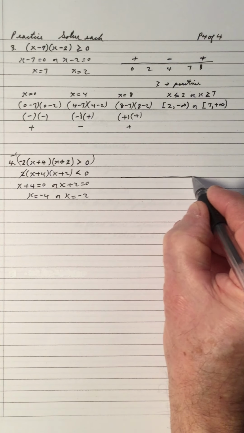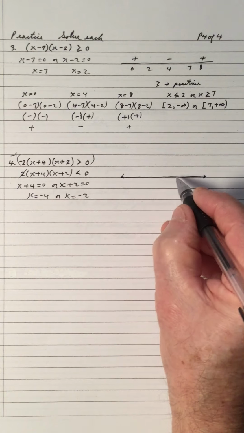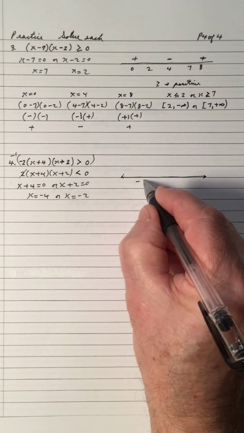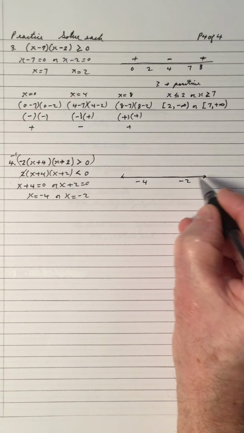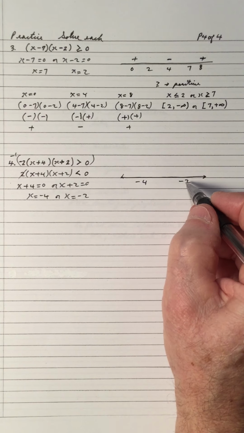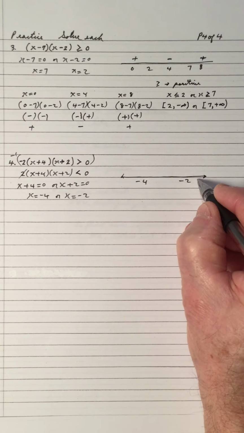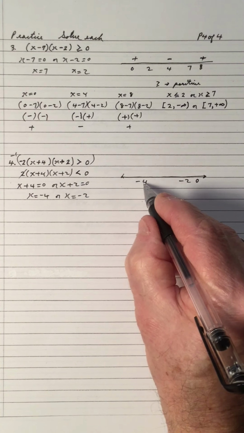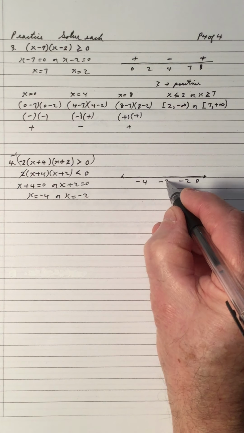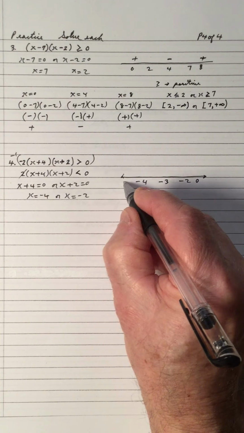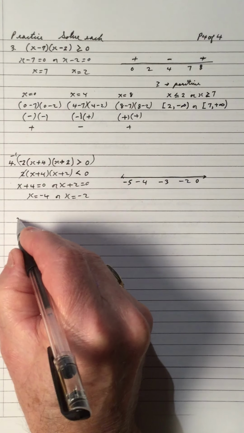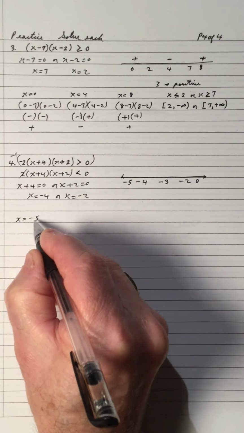On the number line, we have -4 and we have -2. Negative 2 is on the right because it's greater than negative 4. So greater than negative 2 would be 0. In between negative 4 and negative 2 would be negative 3. Less than negative 4 would be negative 5.